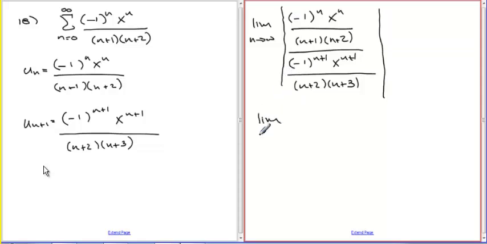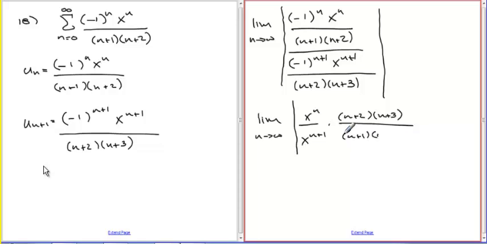That'll be taken care of by the absolute value. So what we end up with is the x part, x to the n divided by x to the n plus 1 from these two. And then the constant terms are going to go up to the top. We'll take the reciprocal of this. You multiply it out. So you get n plus 2, n plus 3 here, and you get n plus 1, n plus 2 there. That's it.